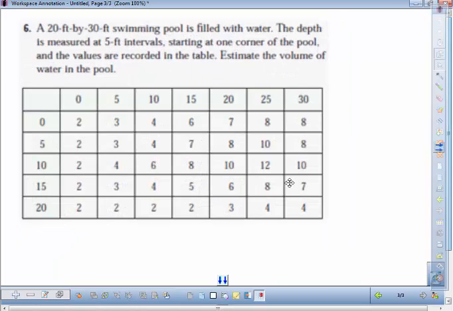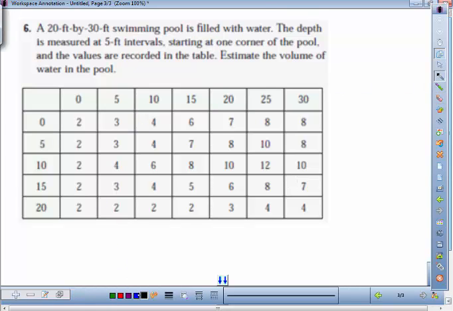We have a 20 by 30 foot swimming pool filled with water. Depth is measured in 5-foot intervals starting from one corner of the pool. Values are recorded to estimate the volume of the water in the pool. So this is an example where we don't have a function. All we have are numerical values. And let's identify some of these important values here.